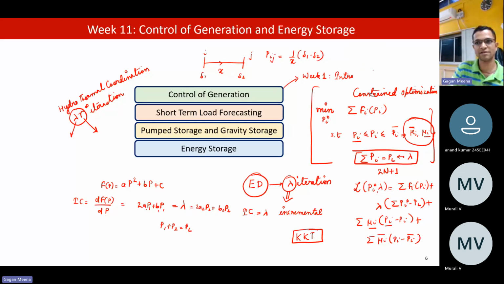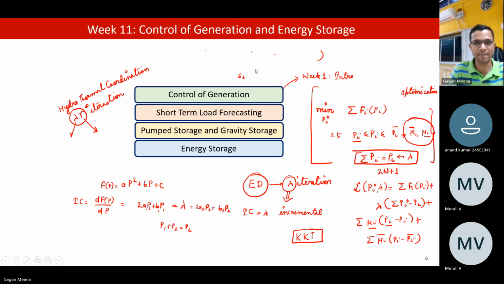But here, because we are not considering the network, we are aggregating the generation. Summation of total generation is equal to total load. But when we have a network, we have to do it node-wise or bus-wise. Let me add one page here.